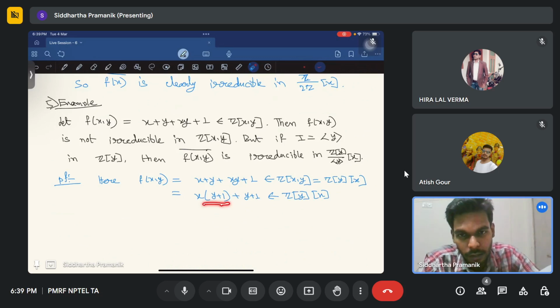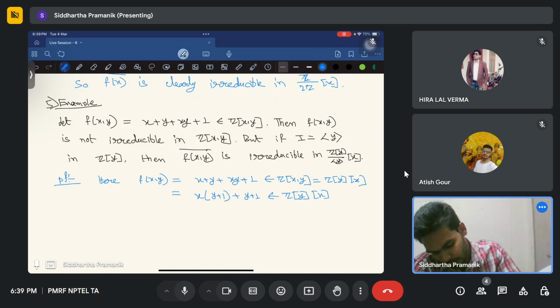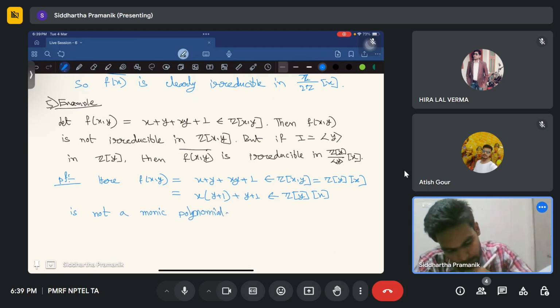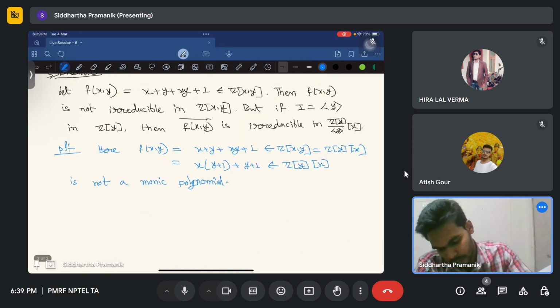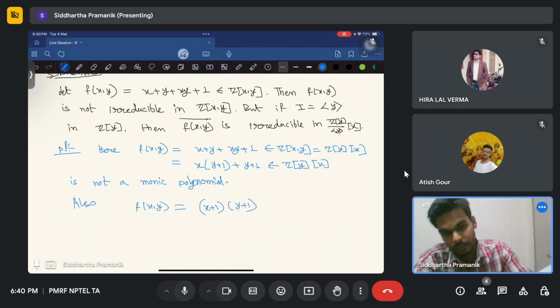So it is not 1. So it is not monic. So here it is not a monic polynomial. So that is why the earlier result is not working here. And also you can see f(x, y) is just basically (x + 1) times (y + 1).